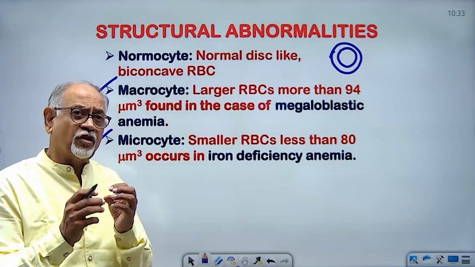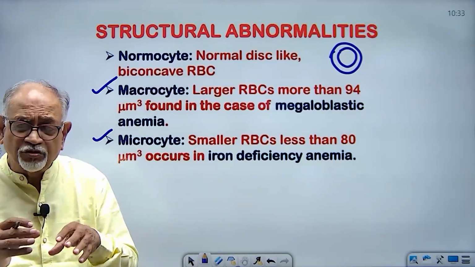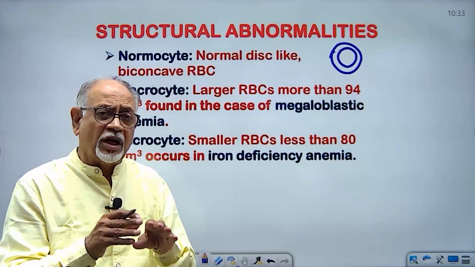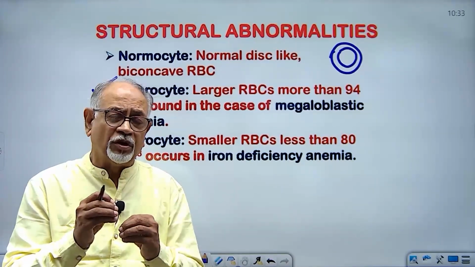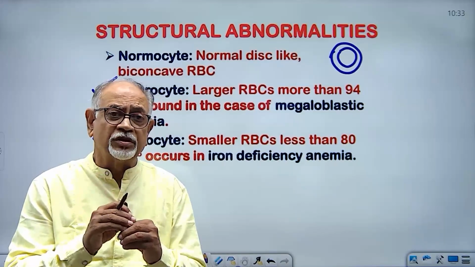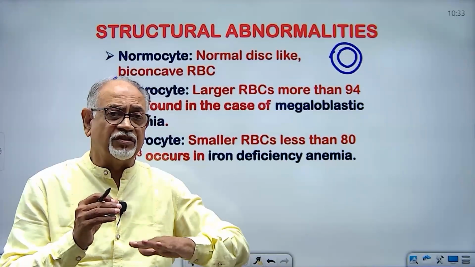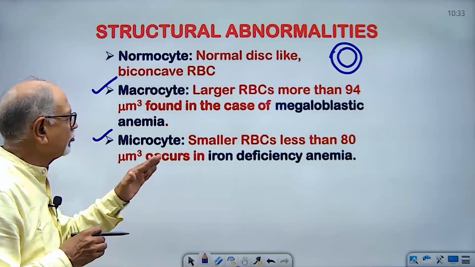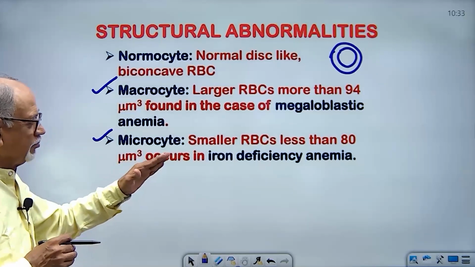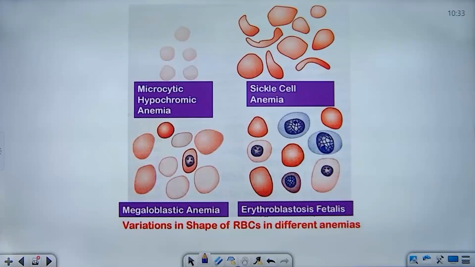The size of the RBCs is reduced than the normal, and the hemoglobin content is also not up to the standard. It is less than the standard value. So it is called microcytic anemia, a case of iron deficiency.